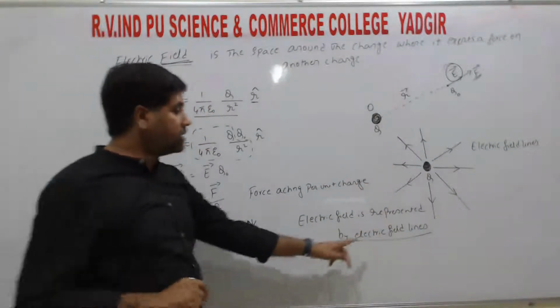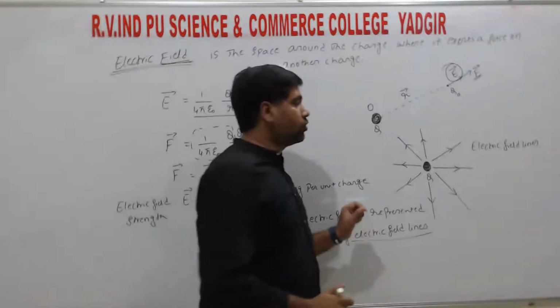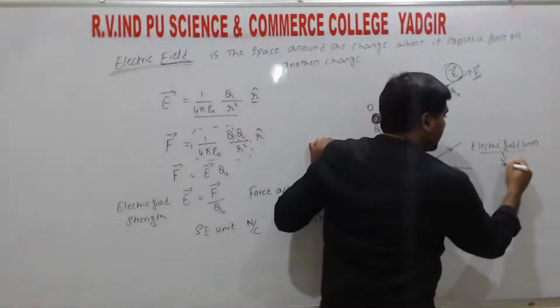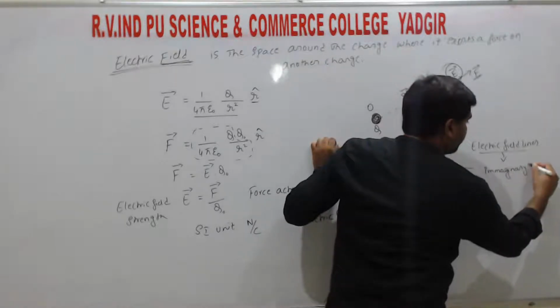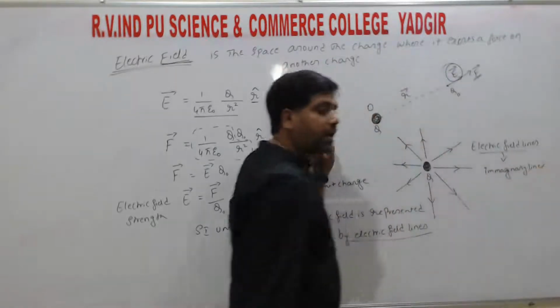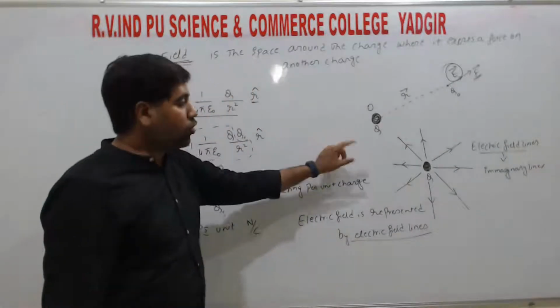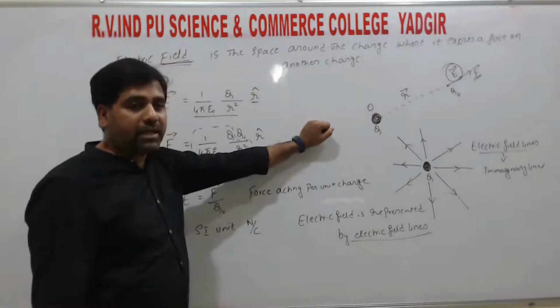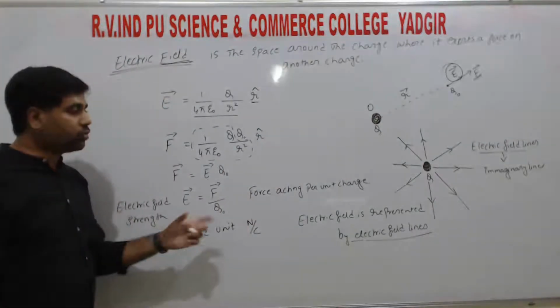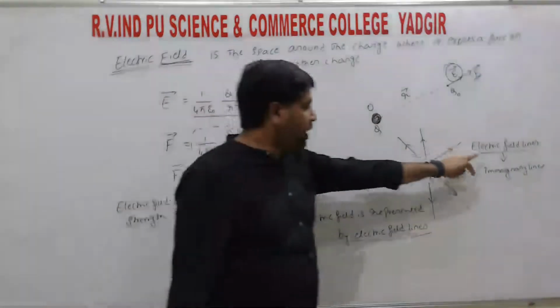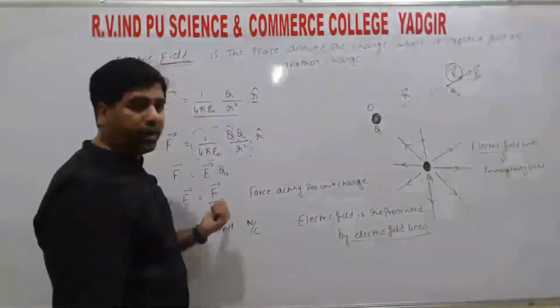Electric field lines are imaginary lines. At any point, if we draw the tangent, then that tangent gives the direction of the electric field, right? So there is a difference between electric field lines and the electric field.